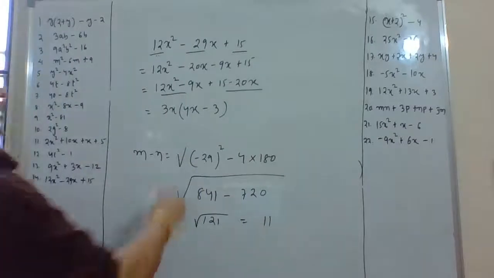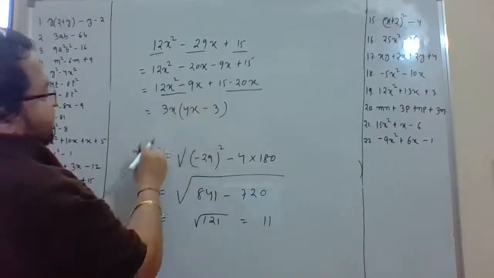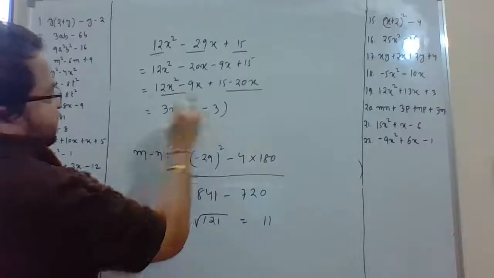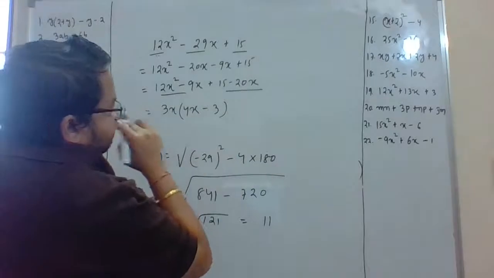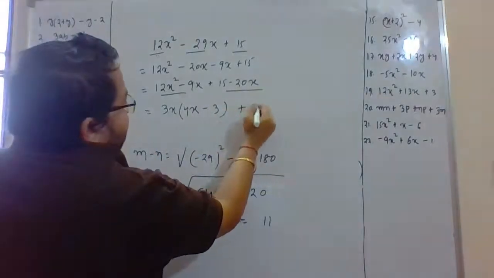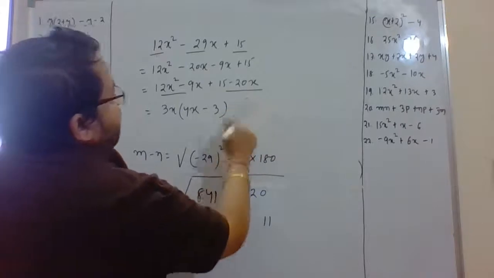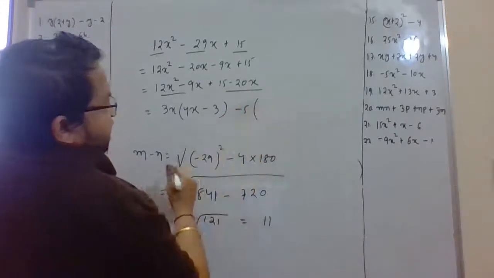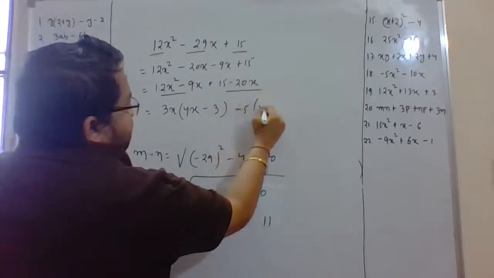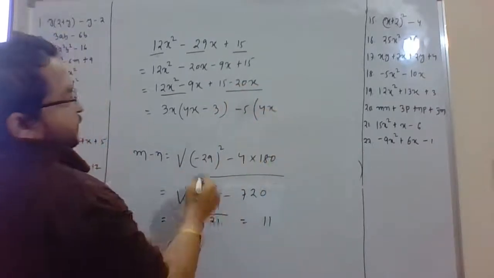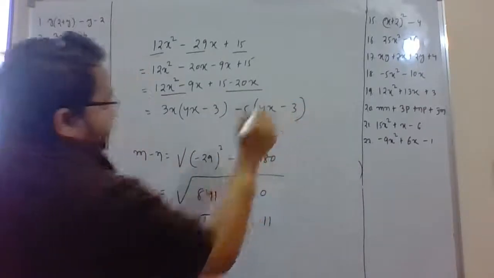So this is 12x squared by 3x is 4x, minus 9x by 3x is nothing but minus 3. Between these two, 15 and minus 20x, if I take minus 5 as the common term, then this one is minus 20x, so this will be plus 4x, and this is plus 15, so this will be minus 3.